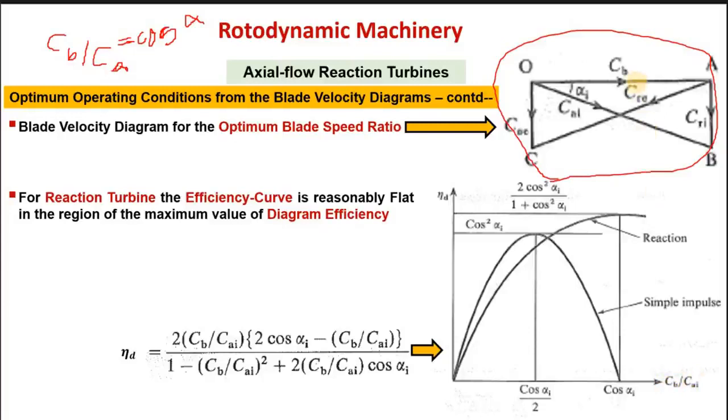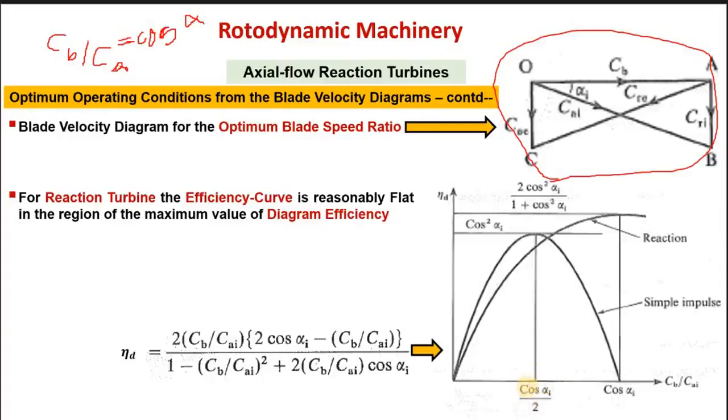So that's why for high pressure regions where you get very high value of CAI, usually the impulse turbine is used, because even for very high value of CAI, CB is quite less, corresponding to optimum condition, because optimum condition tells us that CB over CAI is equal to cos alpha I by 2.